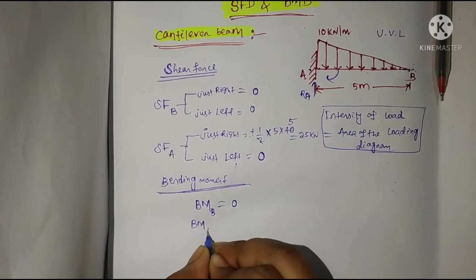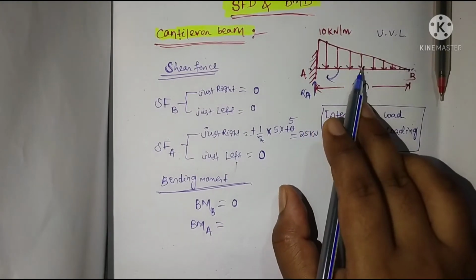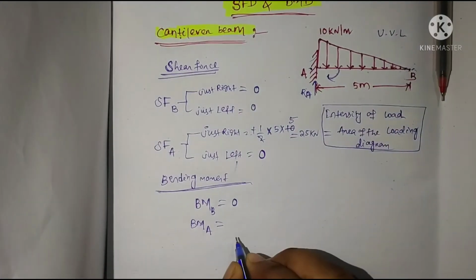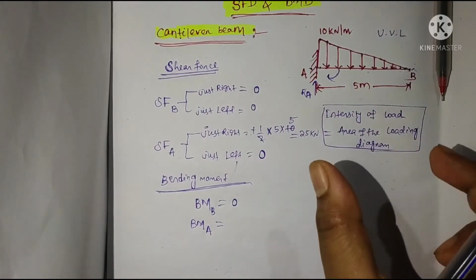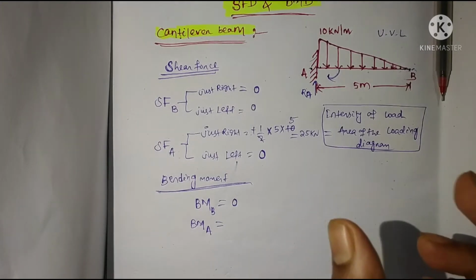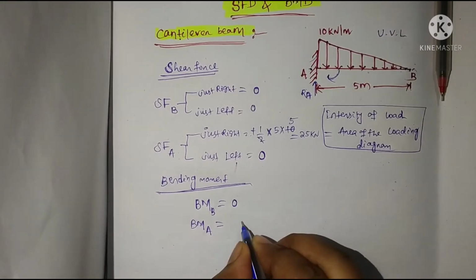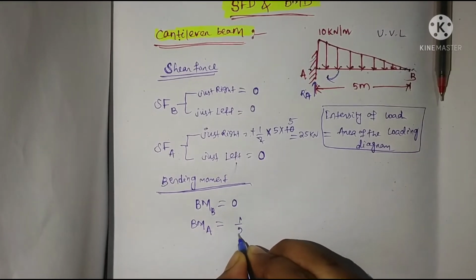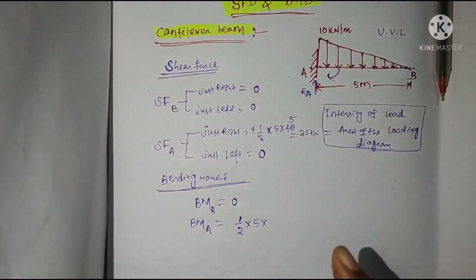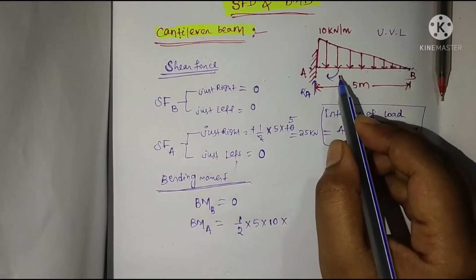The bending moment at point A equals the area of the loading diagram, that is the intensity of loading, into the perpendicular distance about point A. Now how much is the intensity of load? In uniformly varying load, the intensity of load equals the area of the loading diagram, that is half into base, which is 5, into height, which is 10, into the perpendicular distance.